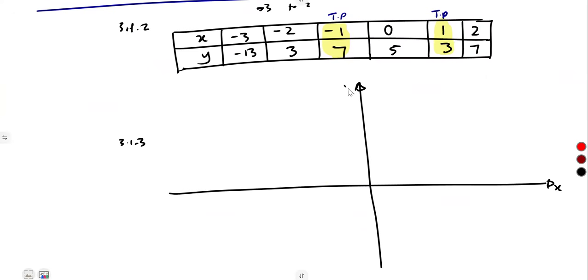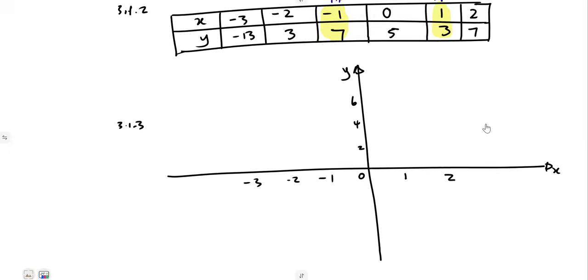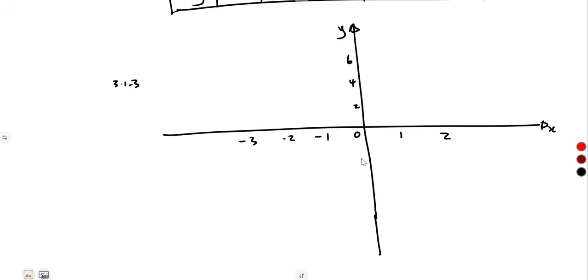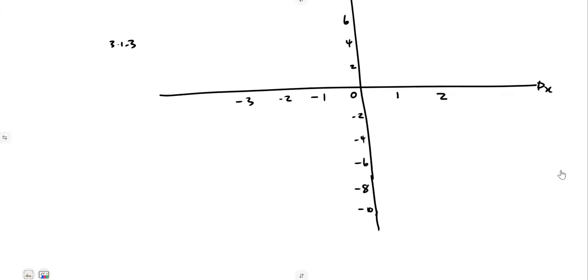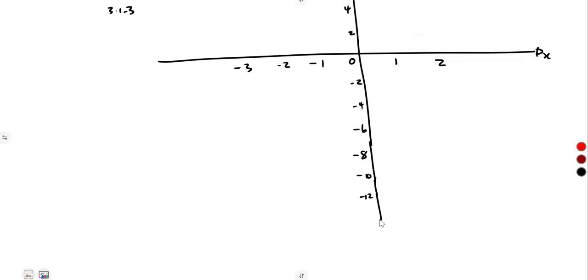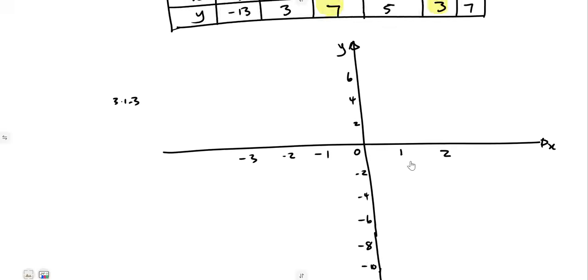So that's our x and that's our y, from 0 to 2, 1, 2, negative 1, negative 2, negative 3. And here we can just use maybe 2 for 6, 2 for 6. That is going to be negative 2, negative 4, negative 6, negative 8, negative 10, negative 12, negative 14, for us to accommodate negative 13.